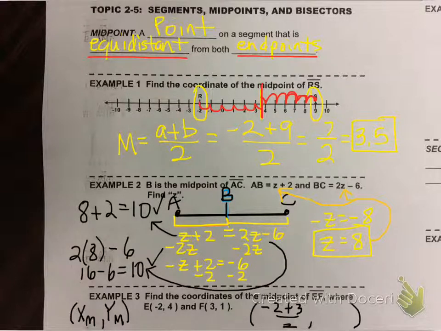So -2 plus 3 is what? 1. So I'm left with 1. I've still got the 2 on the bottom. Same thing with the y's. 4 plus 1, divide that by 2. So you get 5 over 2.